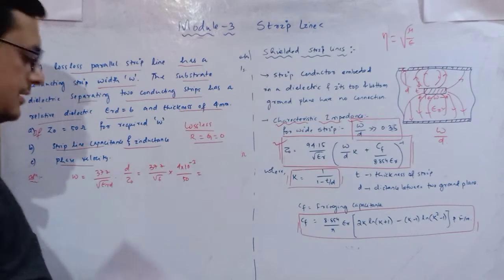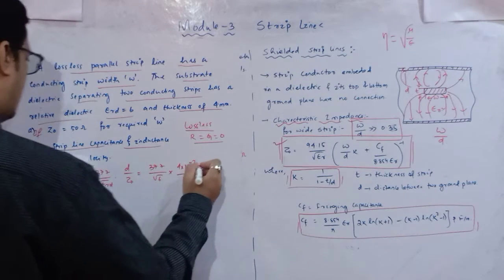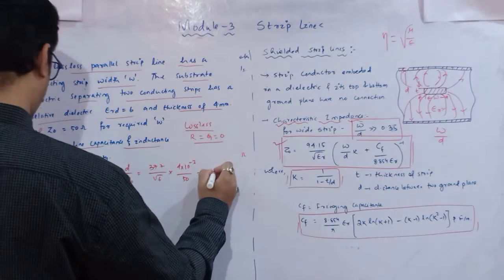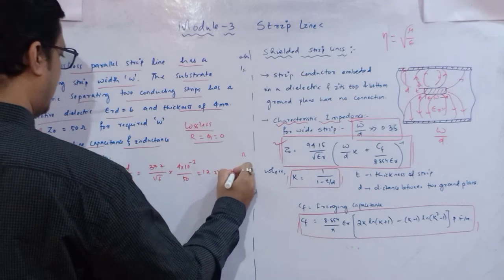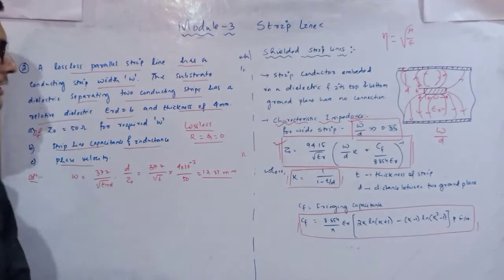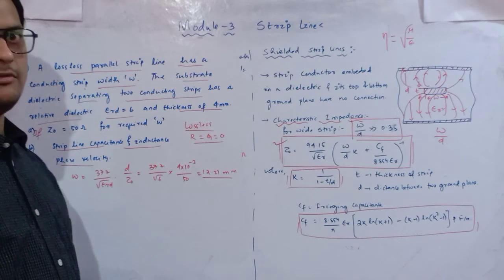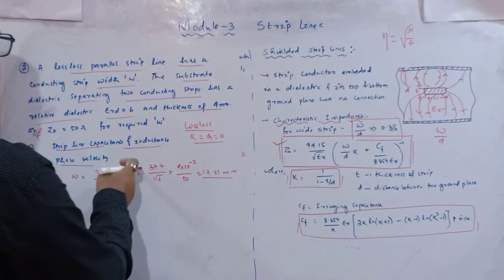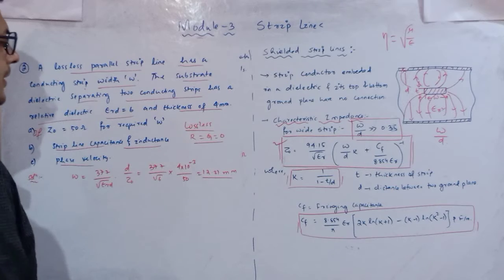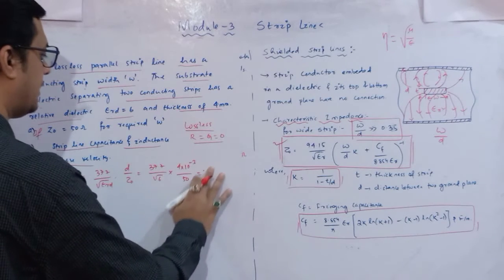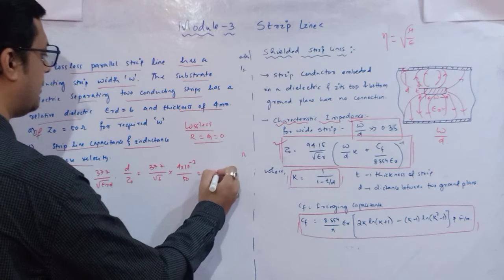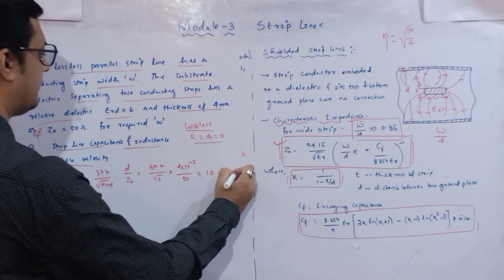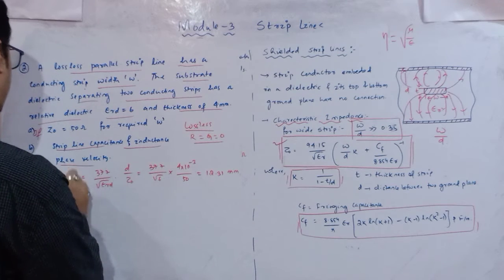If you solve this, you will get around 12.31 millimeter. So this is the width of the strip line. This is the first one.